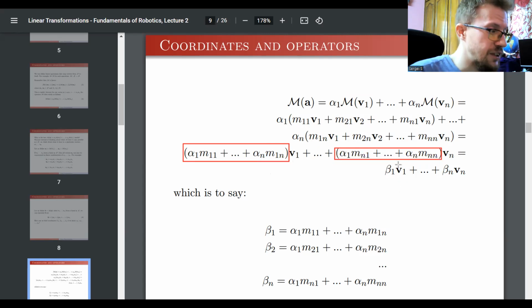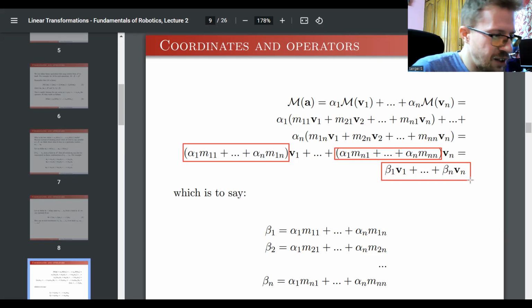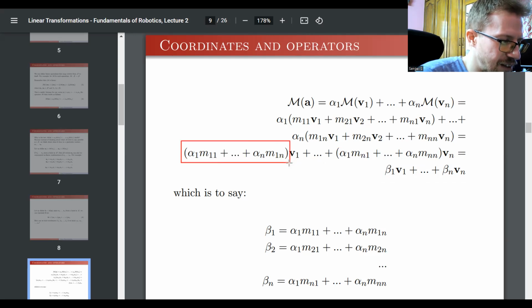And as we said before, this is B, and B is beta 1 times V1 plus beta 2 V2, etc. So that means that these coefficients have to be equal to beta 1.